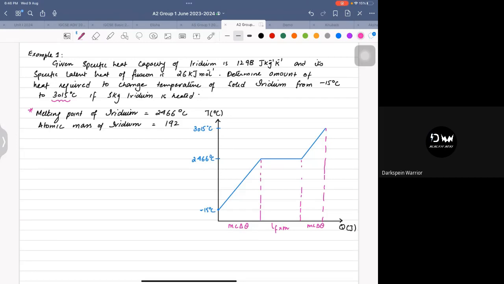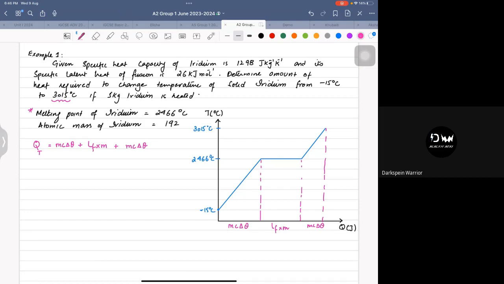So the functional equation is that the total heat energy is going to be mc delta theta plus latent heat of fusion times mass plus mc delta theta. This is the functional equation that I need to find. I need to basically put in the values to get the whole answer.